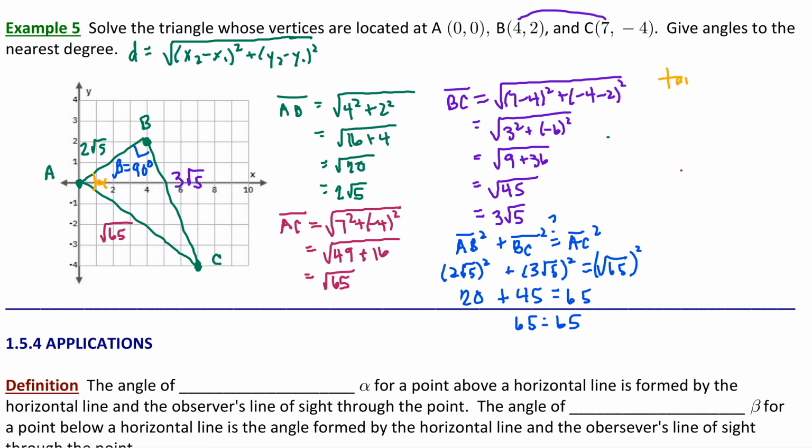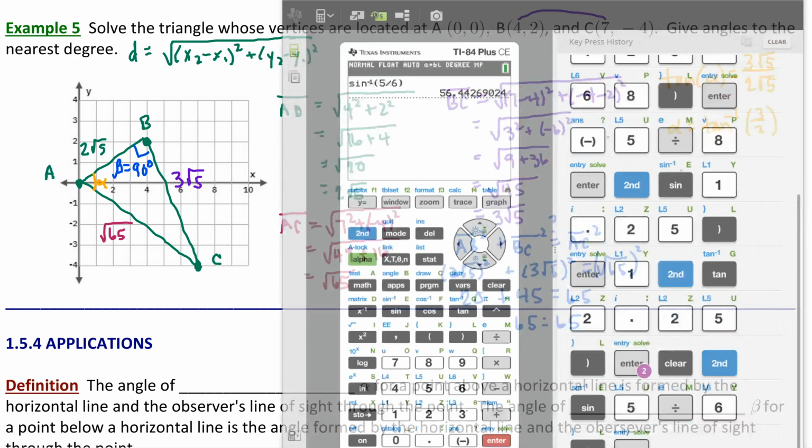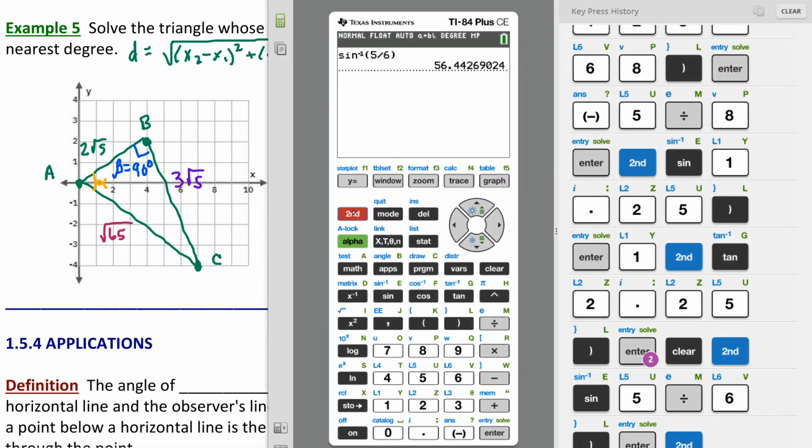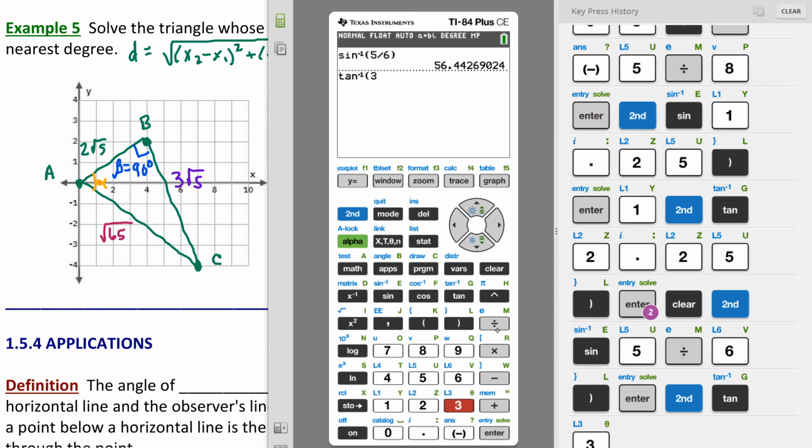So we could make the observation that tangent of angle alpha at vertex A there is opposite 3 square root of 5 over adjacent 2 square root of 5. So then alpha, here's our shortcut, is inverse tangent. After canceling the square root of 5, we get 3/2. So we can pop over to our calculator and evaluate inverse tangent of 3/2.